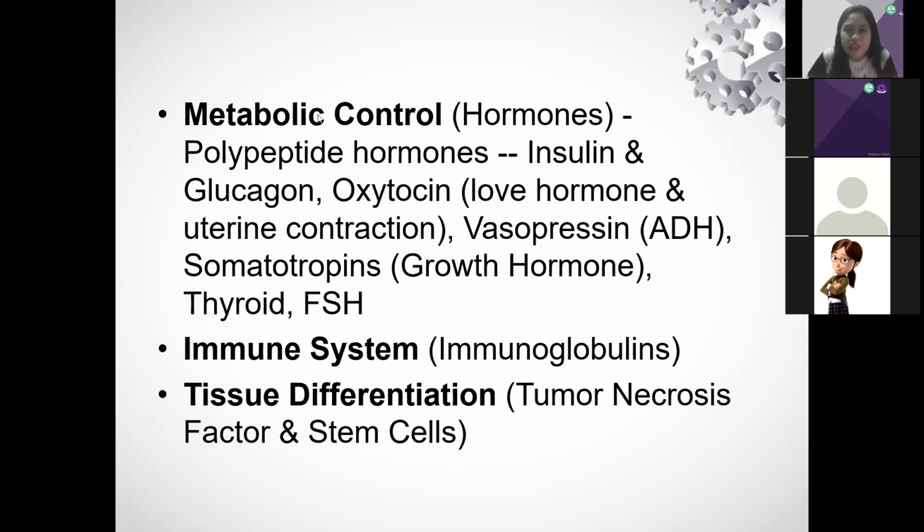Meron din tayong proteins for metabolic controls or our hormones. So examples, we have the polypeptide hormones. Siyempre protein, polypeptide. Examples, we have the insulin which regulates the blood sugar para hindi masyadong dumami yung blood sugar natin.